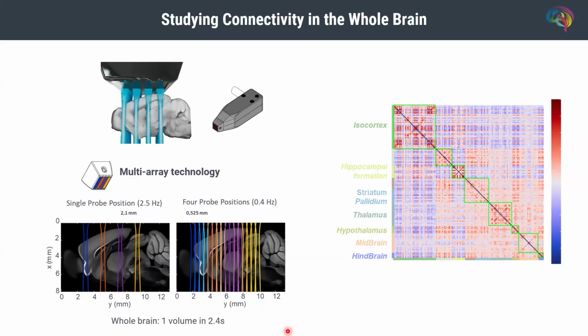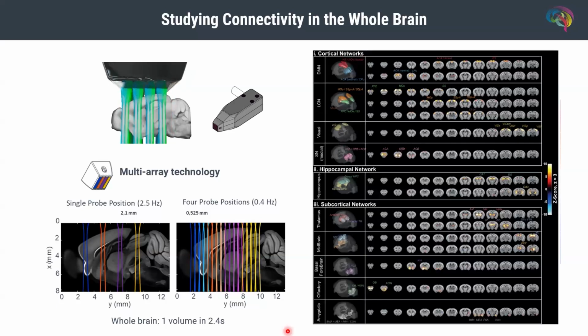So absolutely in line with the study of functional connectivity across the whole mouse brain. And as you can see from this figure from a recent publication, the use of this probe allowed the authors to identify several different networks, both cortical and subcortical, at once across more than 200 brain slices. So it's a very powerful tool.